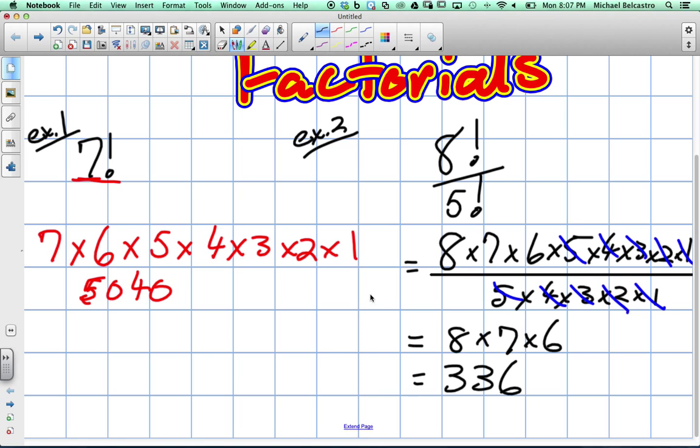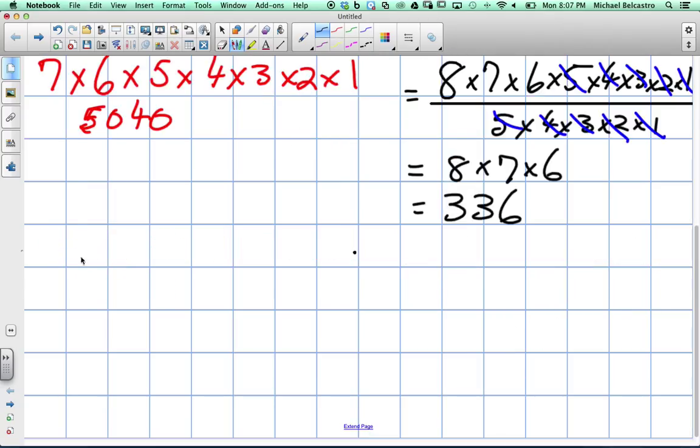So instead of writing it all out, let's build a third example here. Call this example 3. What do you have? 17 factorial divided by 15 factorial times 2 factorial. I have to think about this one.